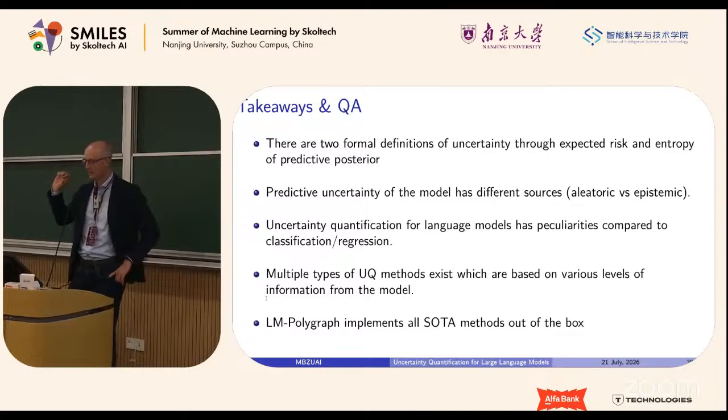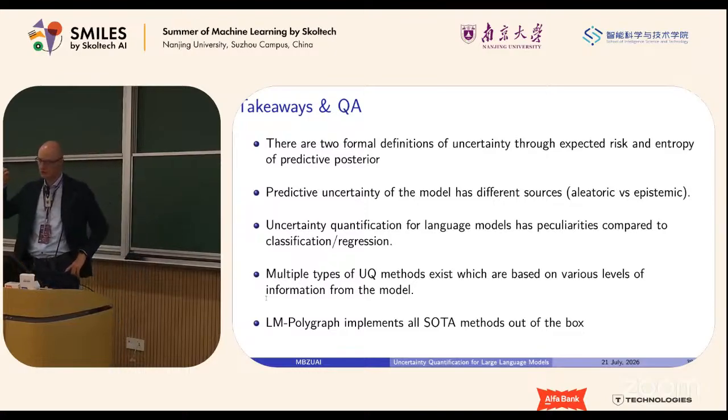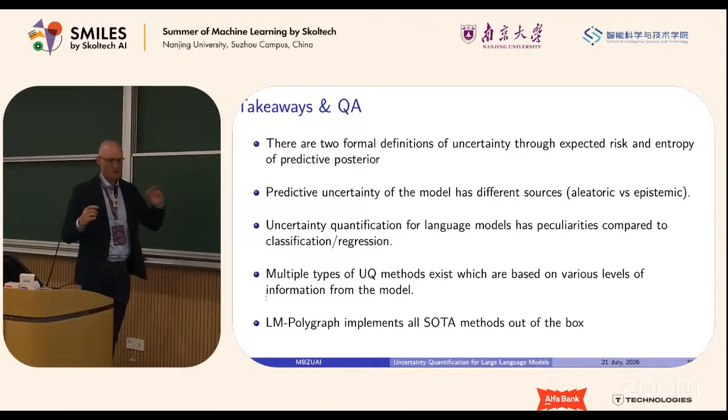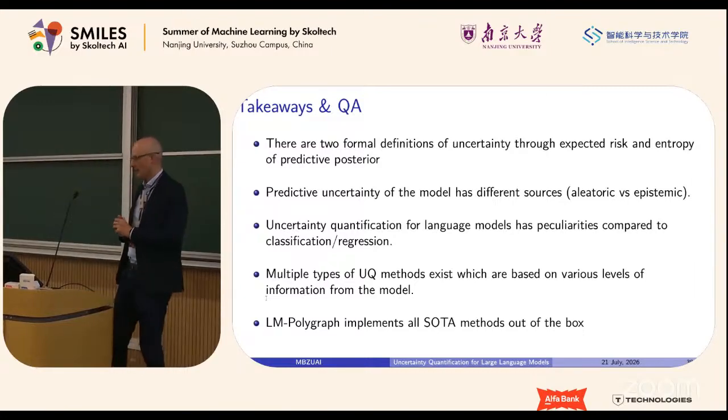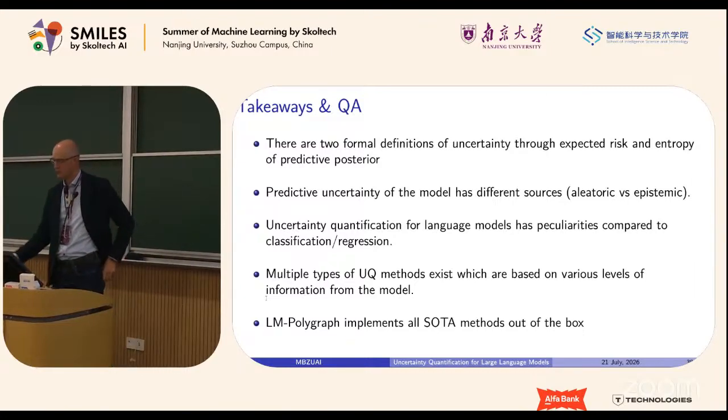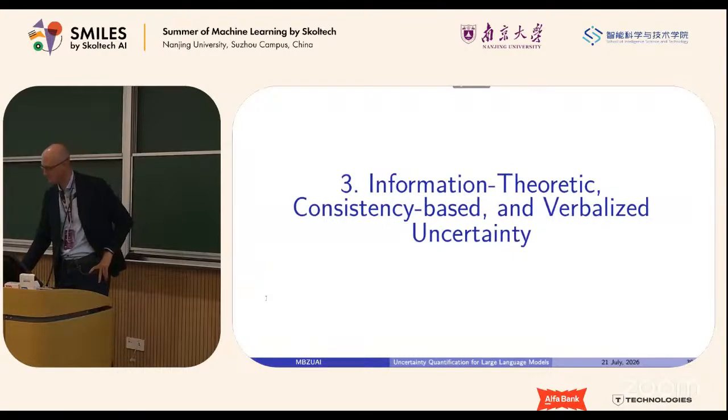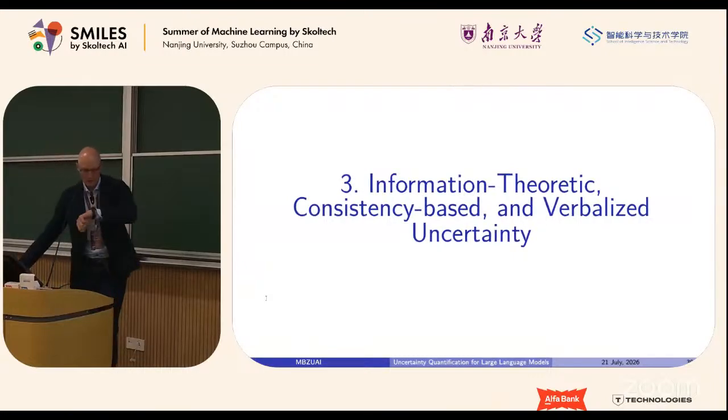The only thing that I think would be important for you is that at the end of this part, we will have a big recipe, which method to use in which situation. That will help you navigate what uncertainty quantification method to use in certain situations. Right, so let's move on.